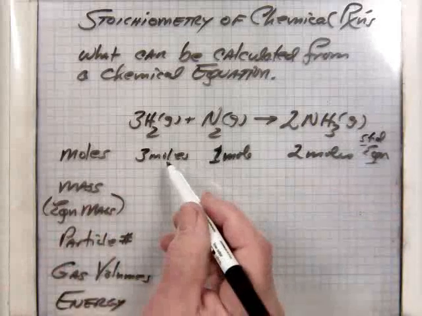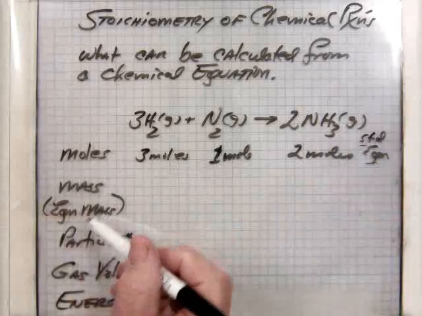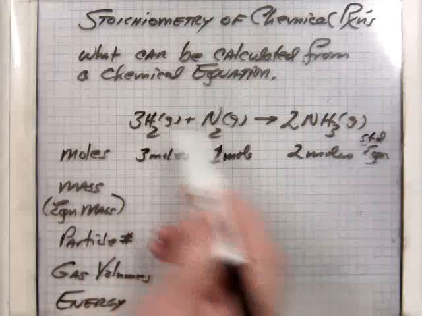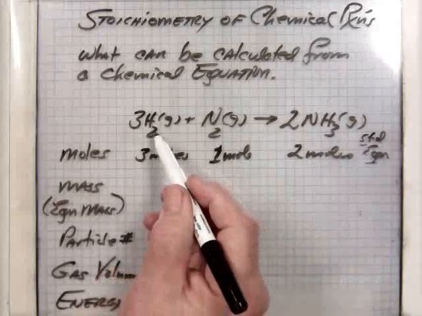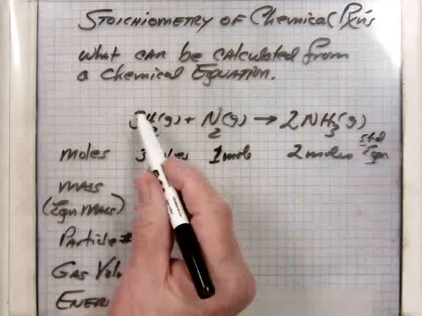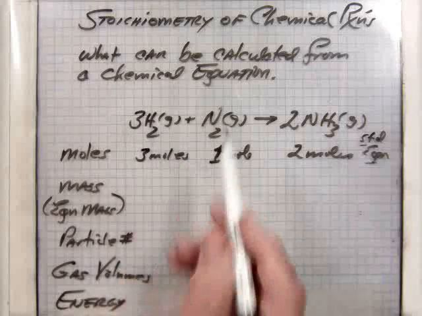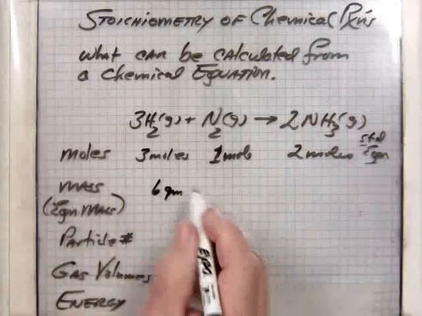Now, when we talk about moles, we also talk about molar mass, and when we talk about mass as it applies to equation, this is what we call equation mass. The mole weight of hydrogen, for example, as many of you already know, is 2 grams per mole, but indicating 3 moles by the coefficient, that is 6 grams of hydrogen.